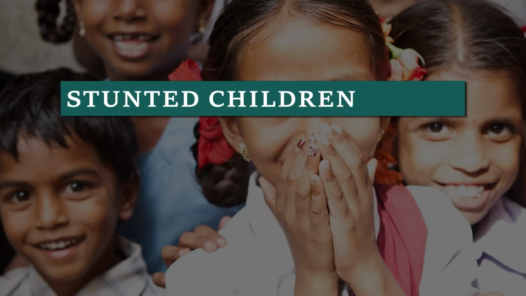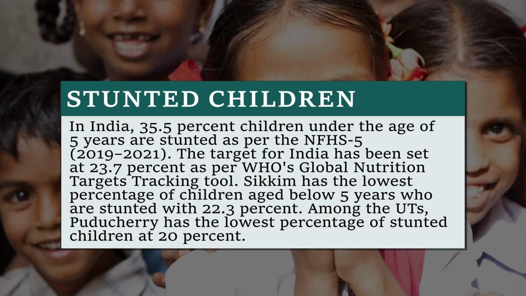When we talk about stunted children, in India 30.5% of children under 5 years are stunted as per the NFHS-5 report. In that, Sikkim has the lowest percentage of stunted children below 5 years with 22.3%. Among the union territories, the best performer is Puducherry with 20%.